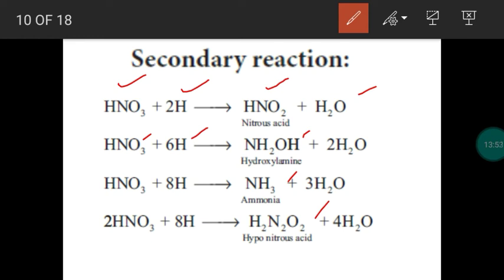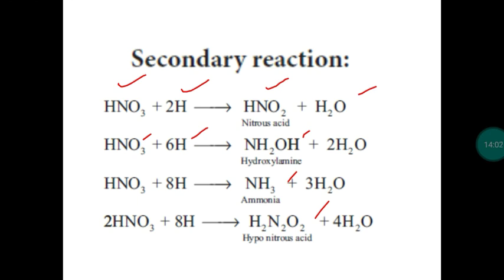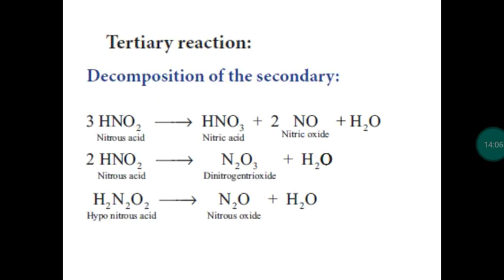So this is mainly based on the number of nascent hydrogen atoms, which depends on the metal. So the secondary reaction will give different types of secondary products. And the third step is that the secondary product may undergo decomposition, or more than one secondary product will combine together to produce a final product. So these two are the possibilities in the tertiary reaction. So the third step is called the tertiary reaction.